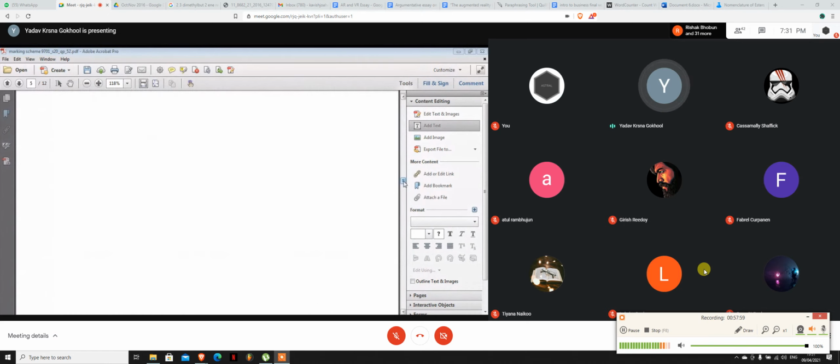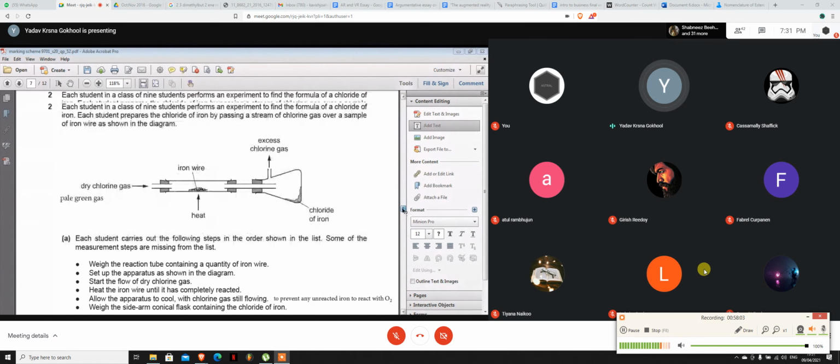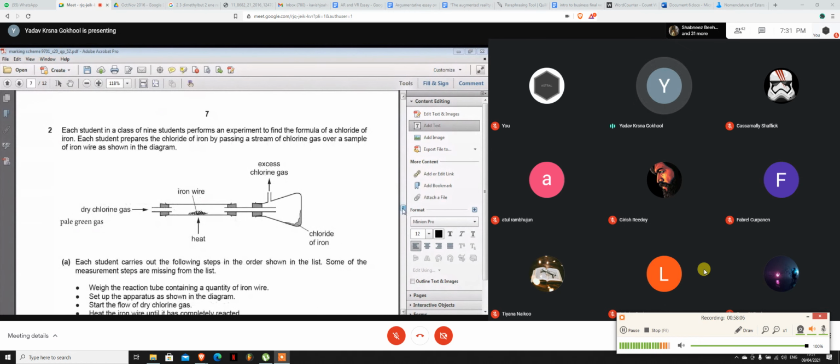Now we come to the second question. Again, when you look at it, you will find out that you've never done it. But I was looking at a question in ATP, where copper oxide was being heated and hydrogen gas was being passed through it.